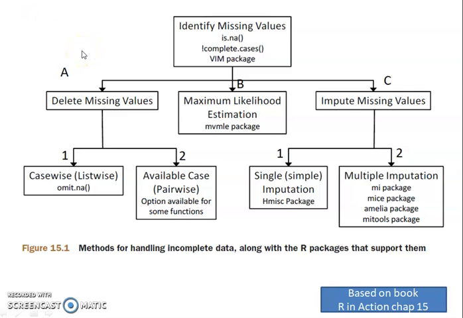So there are many approaches that one can take. This is not an exhaustive map of what you can do, but it's a very complete one, if you like, that is present in the R in Action chapter 15.